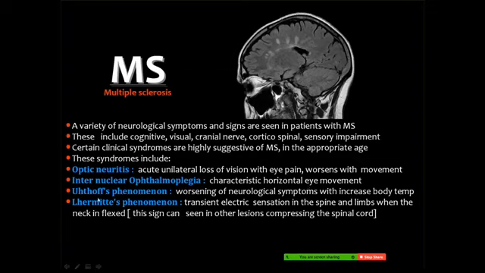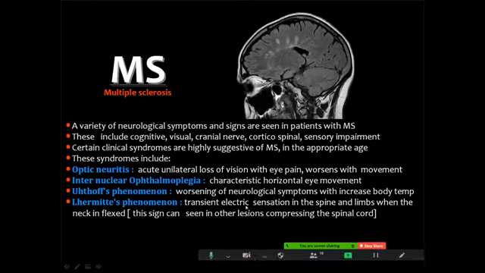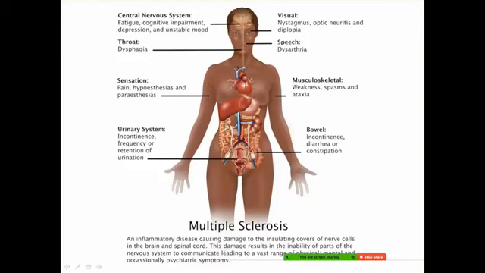Then Uhthoff phenomenon, which is a worsening of neurological symptoms with increased body temperature. If you have a hot bath, then you may get this worsening of neurological symptoms. Lhermitte phenomenon means a transient electric sensation in the spine and limbs when the neck is flexed. And please consider that this sign can occur in other lesions compressing the cord.